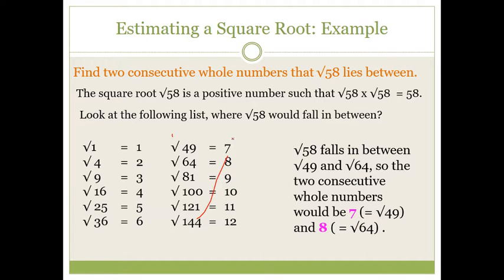That means the answer is somewhere in between 7 and 8. So if the question is just asking what two whole numbers it lies between, the answer is 7 and 8. This answer is 7 point something.